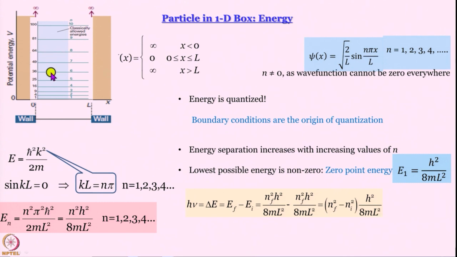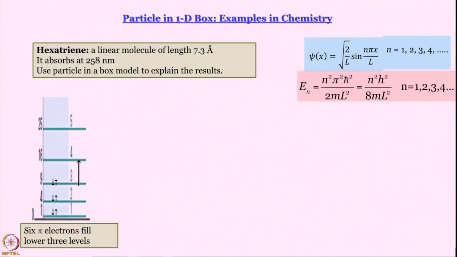So, the energy gap decreases as L increases, is not it? This is something that has profound implication in chemical systems, as we are going to see. Just remember this, energy gap decreases as L increases, because L square appears in the denominator of the expression for the energy gap. Larger box, smaller is the energy of h nu, you can say.